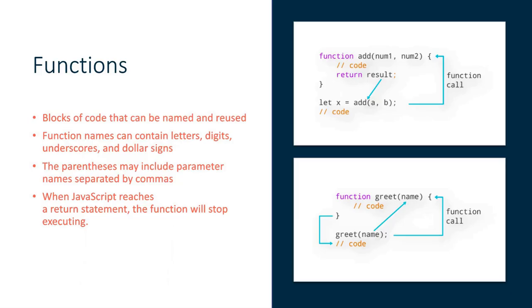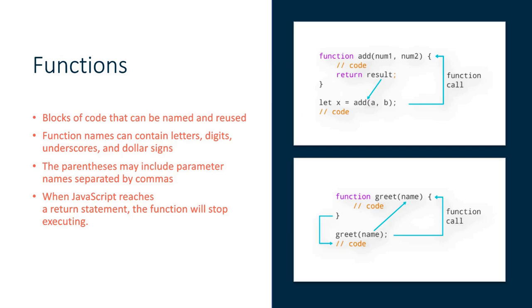We make functions when we know that we are going to use some piece of code again and again in our code. So to not just copy paste code every time, we can make functions. And to write these functions in JavaScript, we need to use the function keyword, then the name of the function along with parentheses, then a curly bracket.